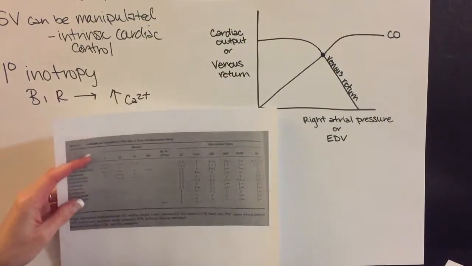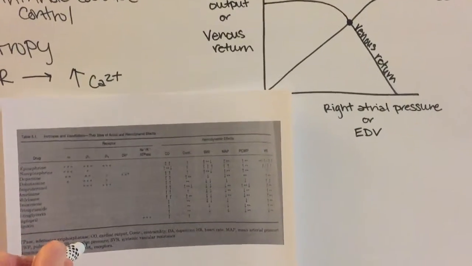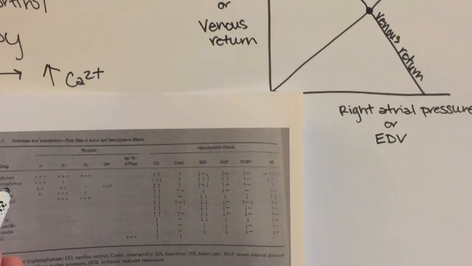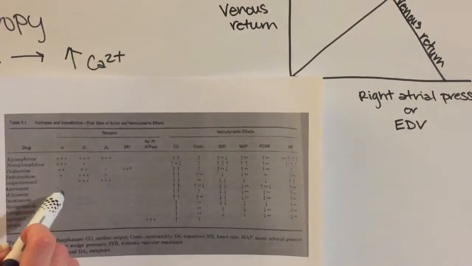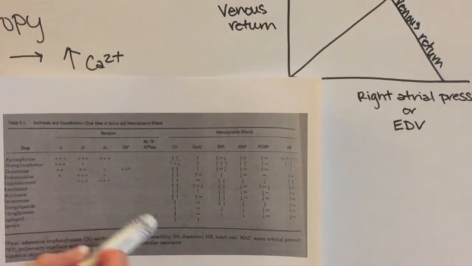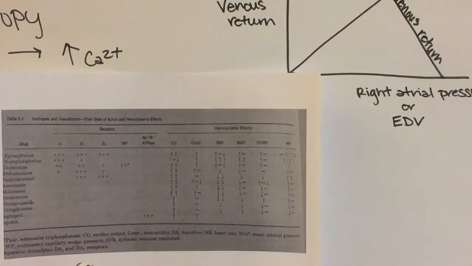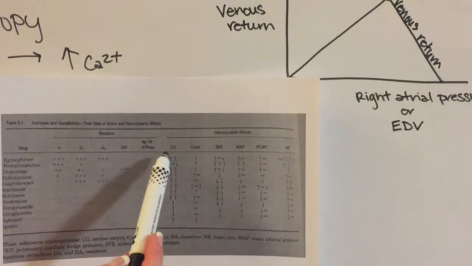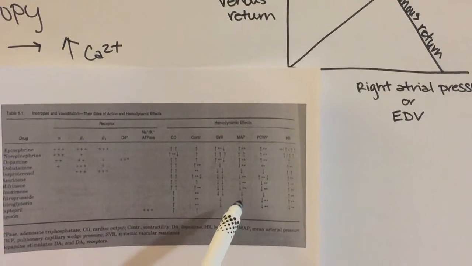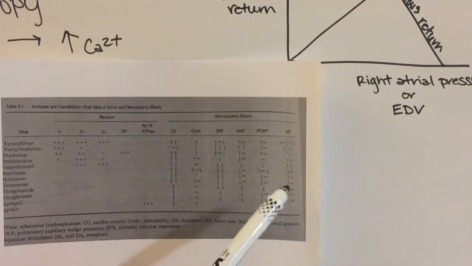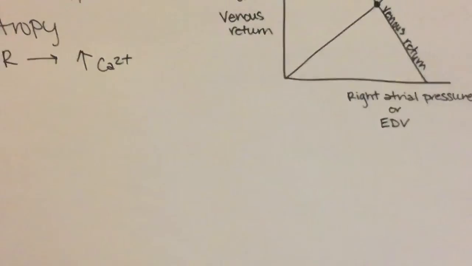The agents we typically give exogenously, our inotropes and vasodilators, are known to act at certain receptors in both the cardiac and cardiovascular tissue, and then manipulate our hemodynamic effects in various ways, either by affecting cardiac output, contractility, systemic vascular resistance, mean arterial pressure, pulmonary capillary wedge pressure, or heart rate. These are included in your lecture notes for further review.